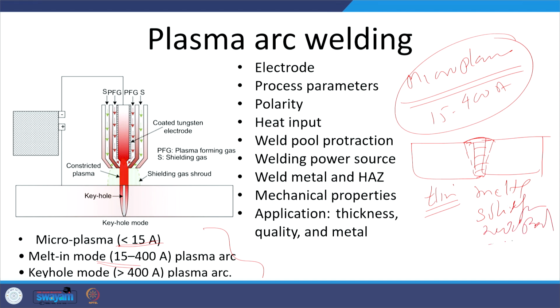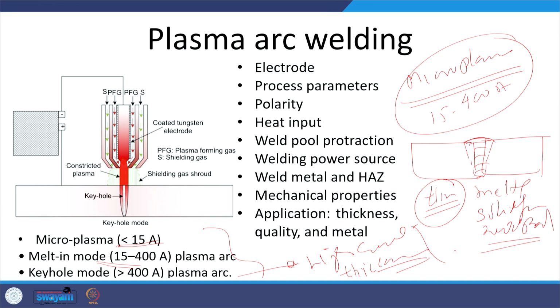Okay. So, this is another approach. This is also used for thin sheet welding. Okay. The plasma is not strong, it is weak, but when the keyhole mode is used, it uses a high current plasma and it is used for welding of thick sections.